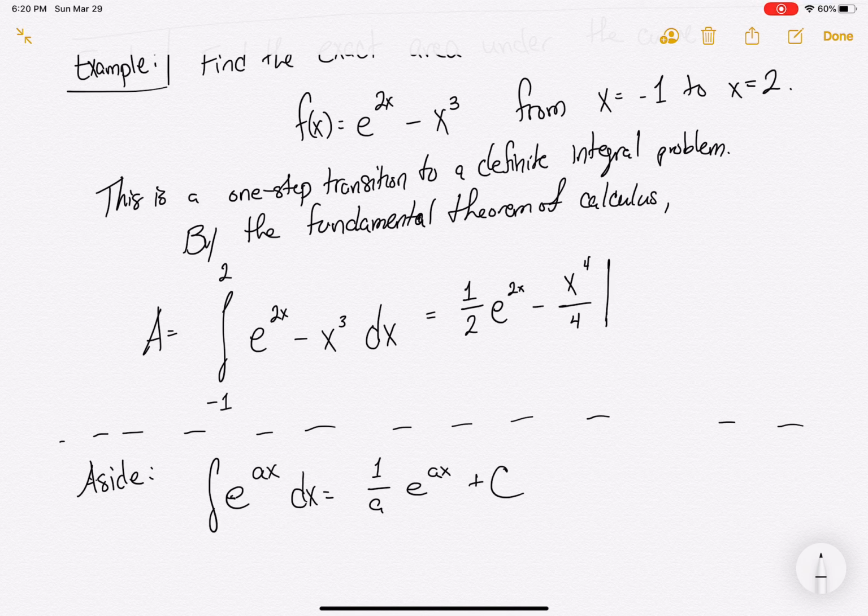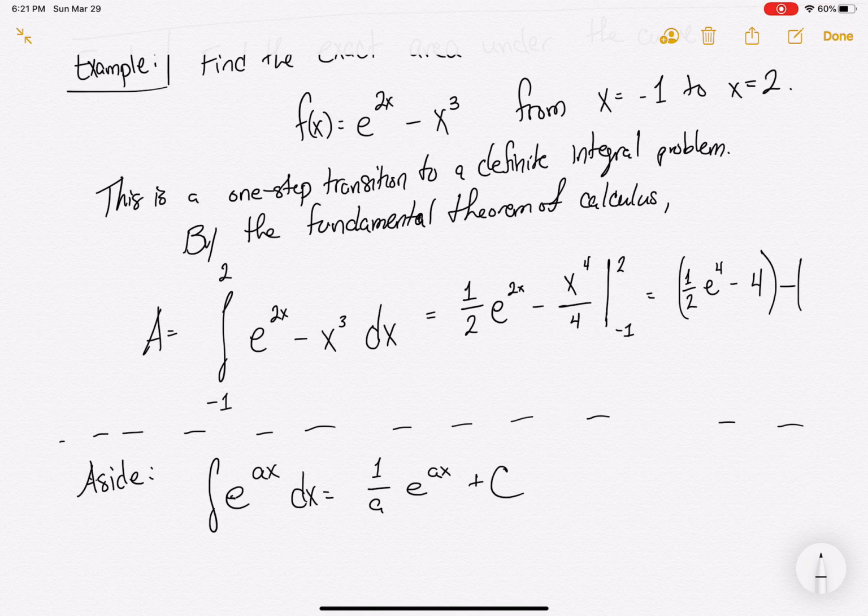As always, we evaluate at -1 and 2. So we plug both numbers in. 2 times 2 is 4, minus 2 to the 4th power, which is 16, and 16 over 4 is a big 4.